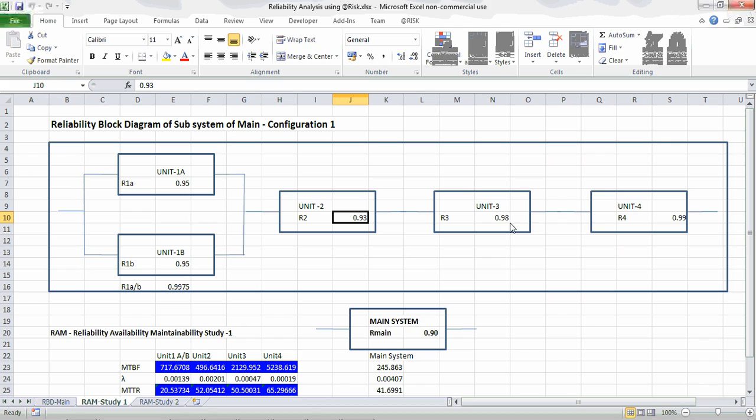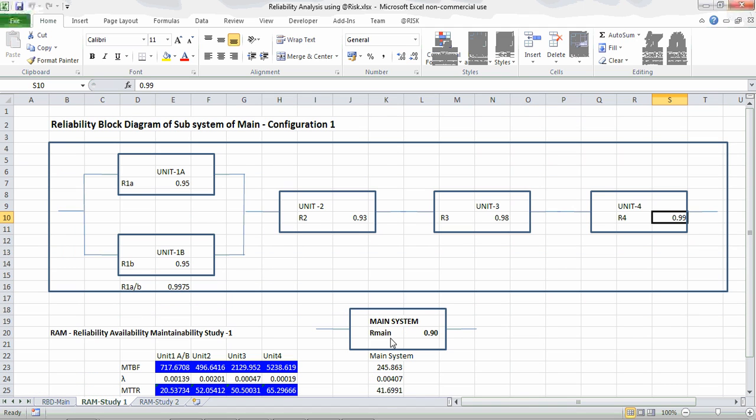Reliability of unit 3 is 0.98. It's an estimated value. And unit 4 is 0.99. It depends on the characteristics of this unit. So I'm not going deep inside each of these units, but giving you a fairly average value of reliability we can estimate for each of these units.